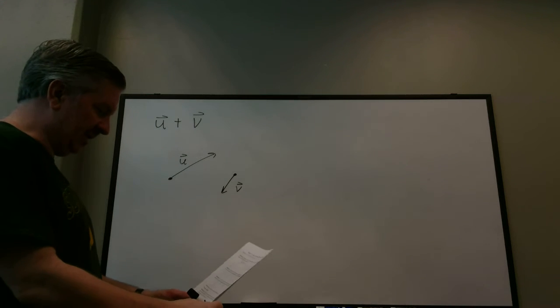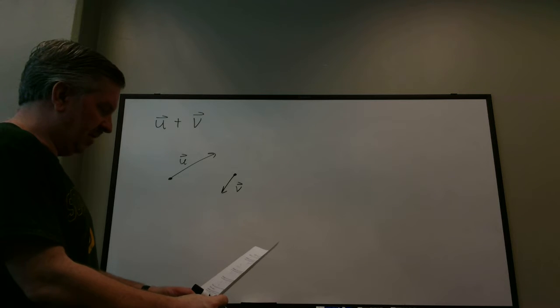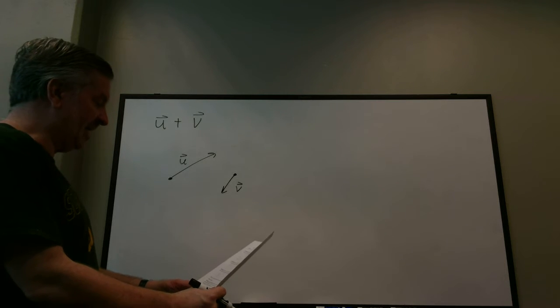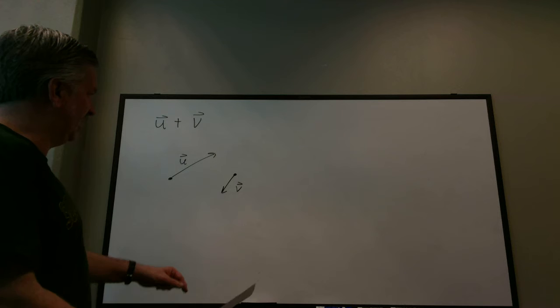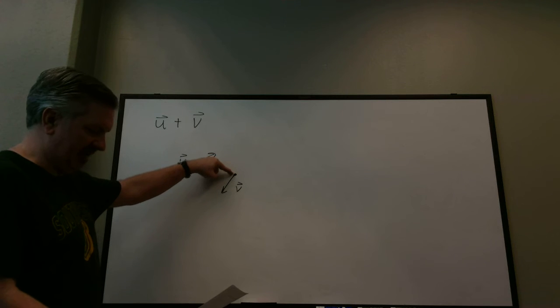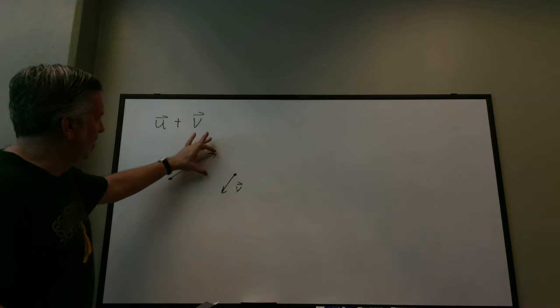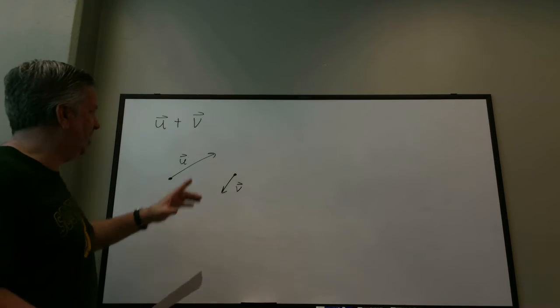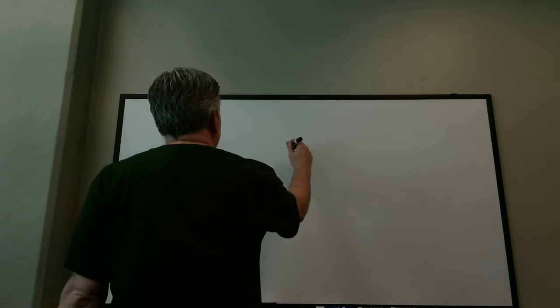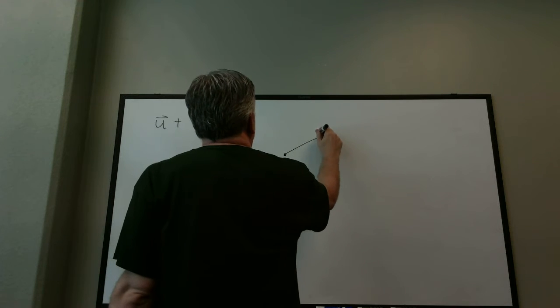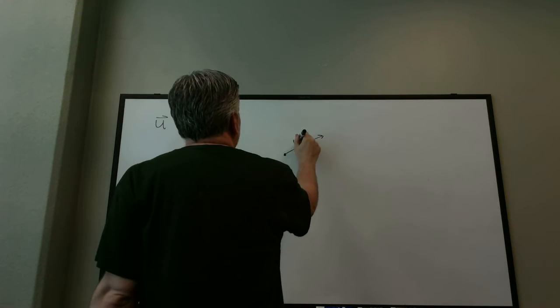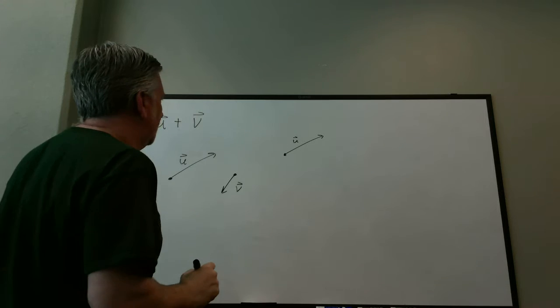So what does it say to do? u plus v is obtained by placing the initial point of v at the terminal point of u. So I want to move this vector so they're head to tail. I didn't get myself room there. Let me draw u again. So here's u. Always label your vectors so I know. So there's u. I made it too short.